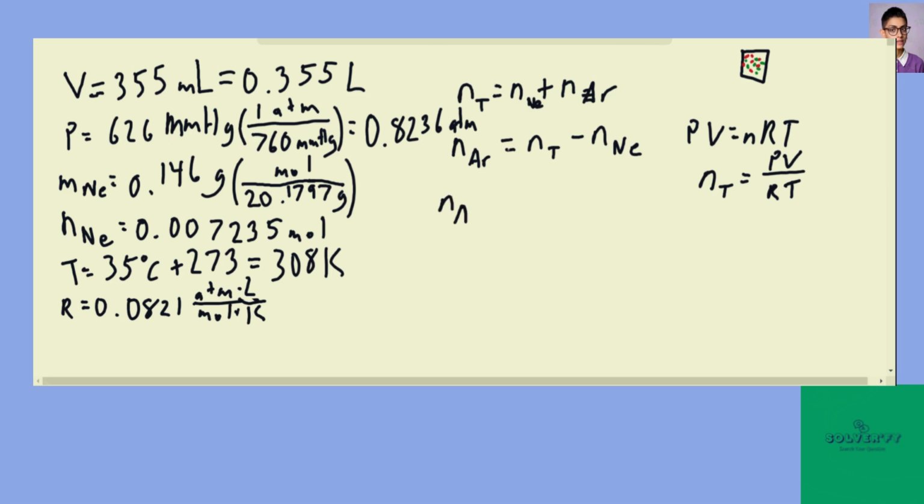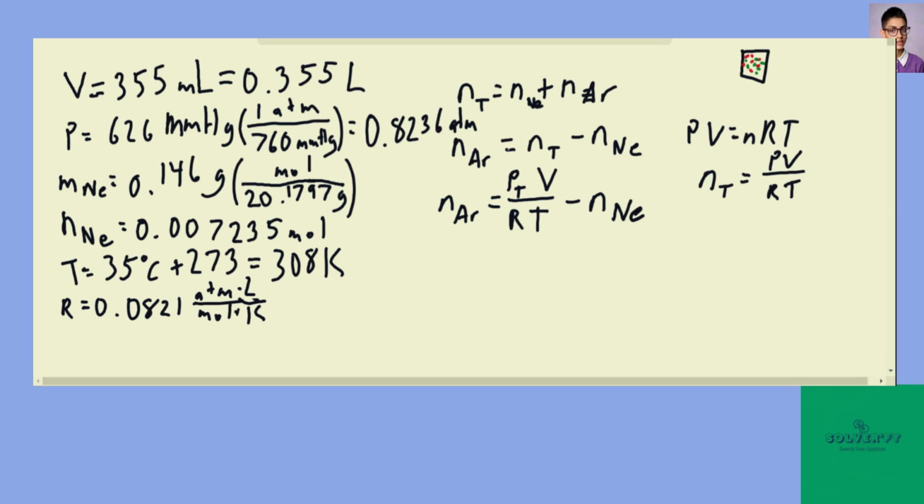Say that n for argon equals the total pressure times the volume over the universal gas constant times the temperature, minus the number of moles of neon. If we needed to, we could substitute in this equation for a partial pressure of neon if that's what info we had. But since we know the moles of neon, we're good.